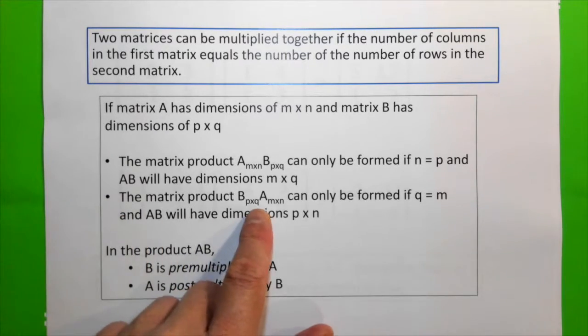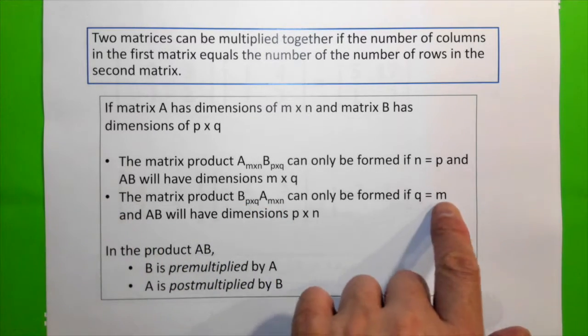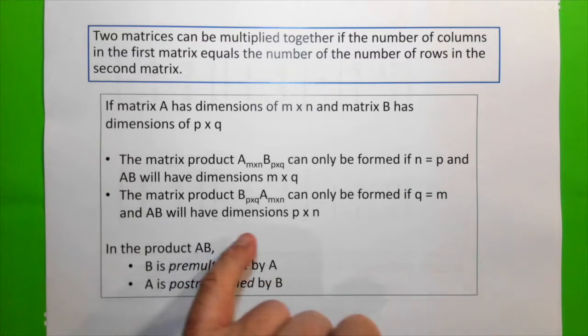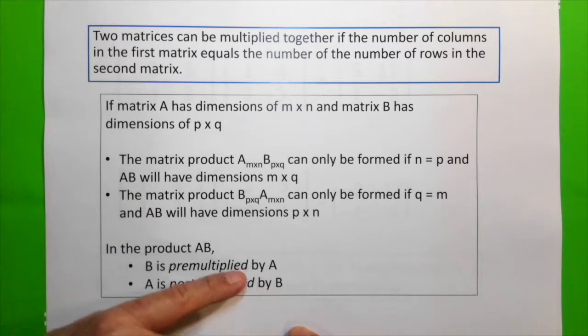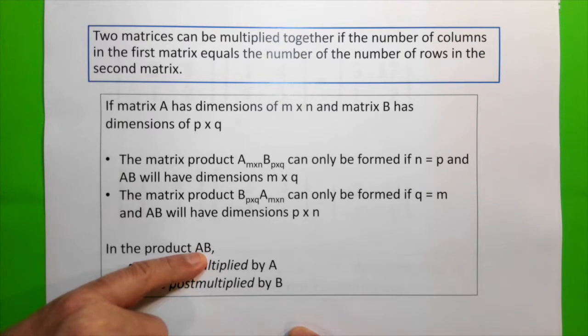So the matrix product of BA can only happen if q equals m. And BA will have the dimension of p times n. In the product of AB, B is pre-multiplied by A, and A is post-multiplied by B. Okay? Because B is after A, therefore A is the pre-multiplier.